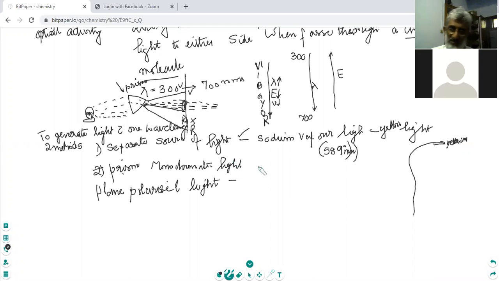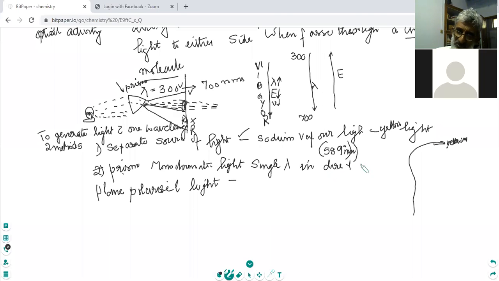For example, yellow has 589 nanometers. But this is moving in all possible directions, in all planes.